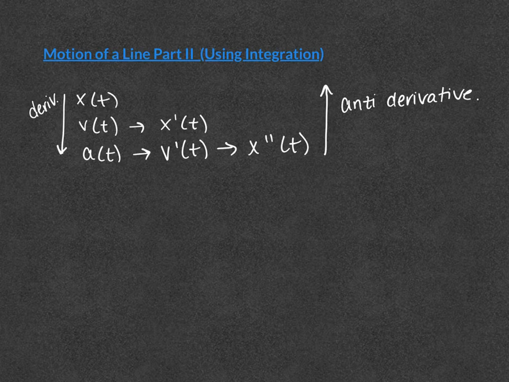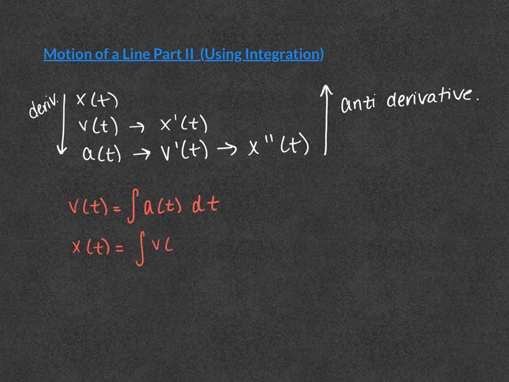So I'd like to actually write them out for you. If I want v of t, I have to take the antiderivative of a of t, so I would take the integral of a of t. If I want the x of t function, I'm going to have to integrate my v of t function.